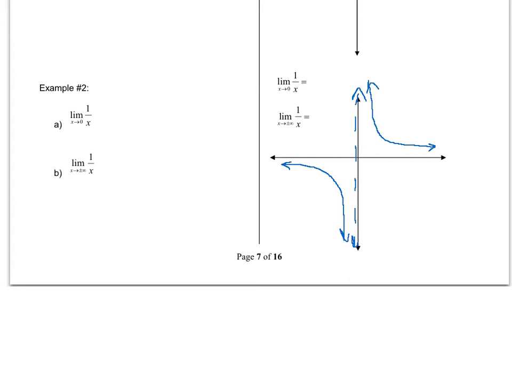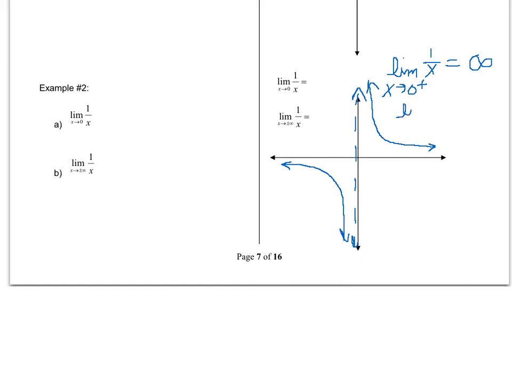So from the right-hand side, we've got values that are approaching positive infinity. So the limit as x approaches 0 from the right of 1 divided by x, here's our equal sign, but we don't really mean equals. We're saying that the numbers are getting infinitely large.